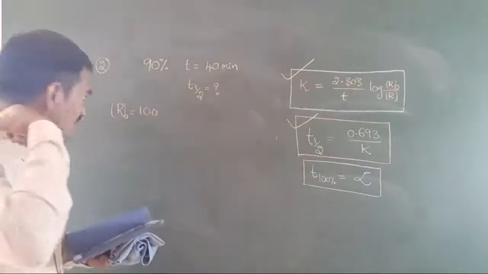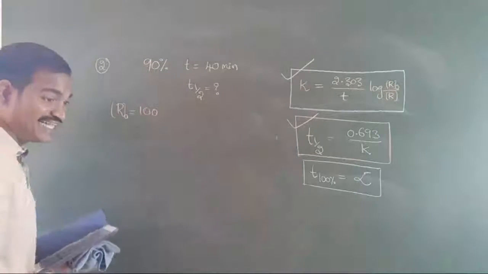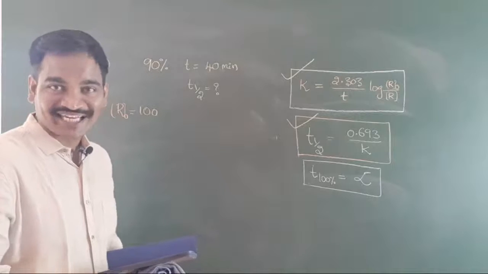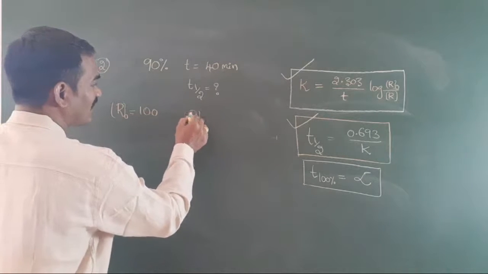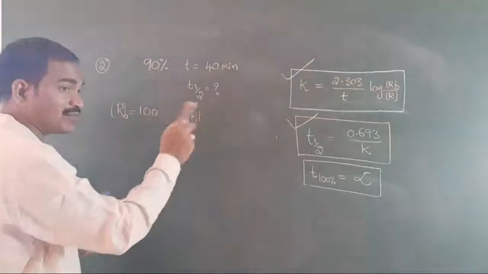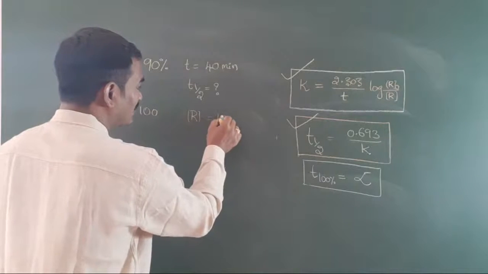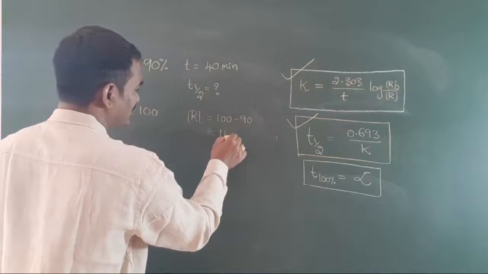Now what happened here? 90% completed. 90% completed means the remaining is how much, tell me? Remaining is 10 only, no? So R is the remaining concentration after 40 minutes. 100 minus 90, so R is 10.